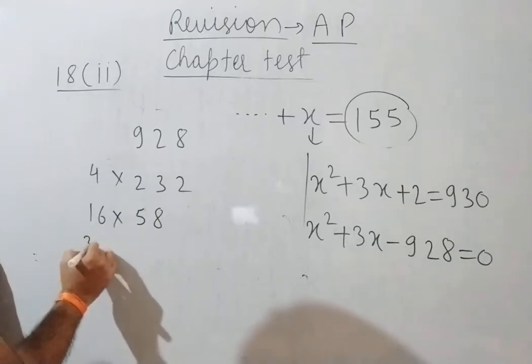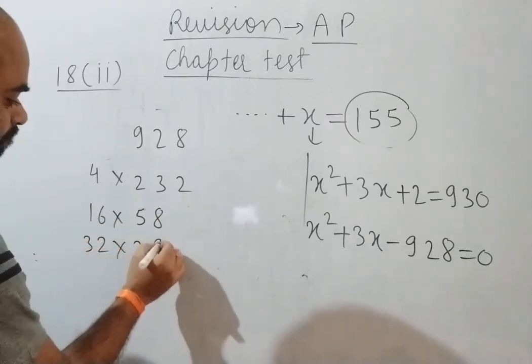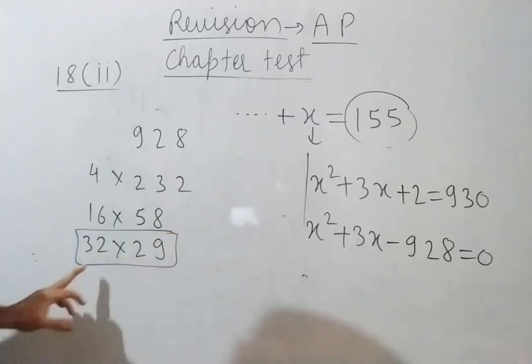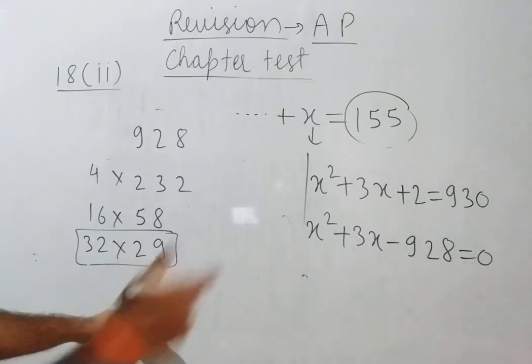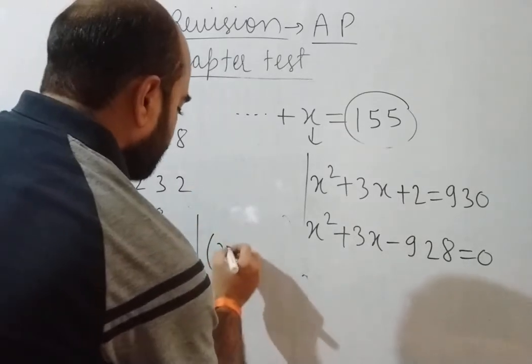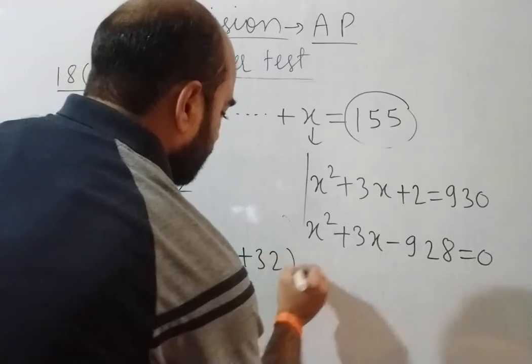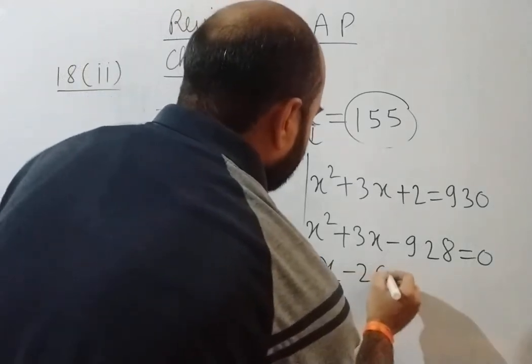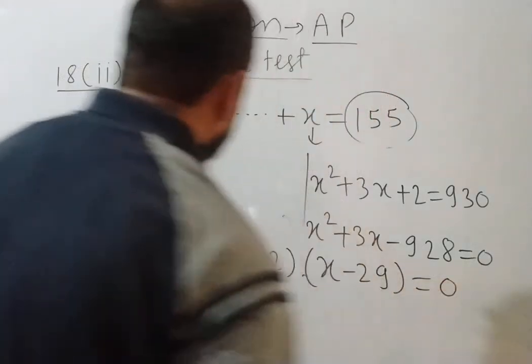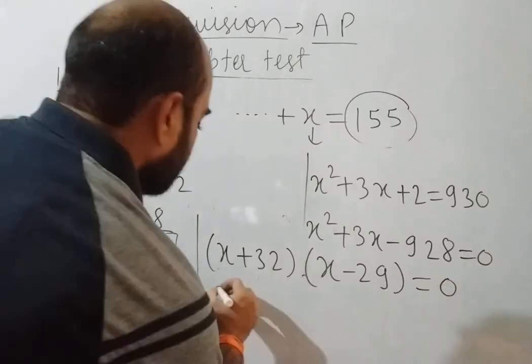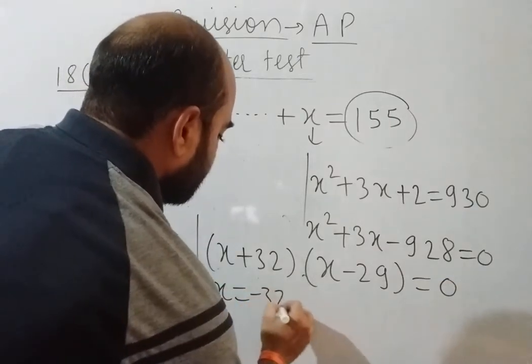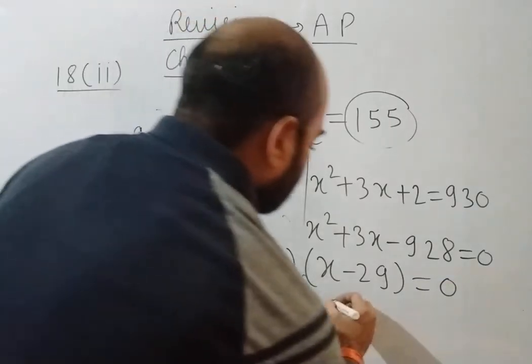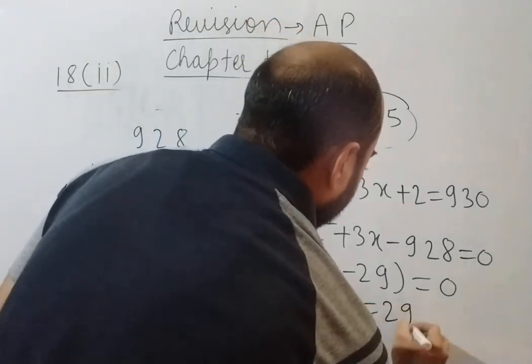Divide by 2. So we have got 32 and 29. So this will be (x plus 32) and (x minus 29). Correct? So x is minus 32, this is not possible. So x will be 29.